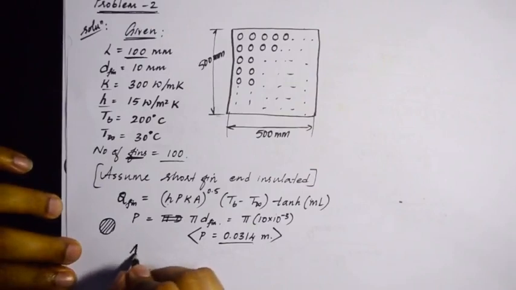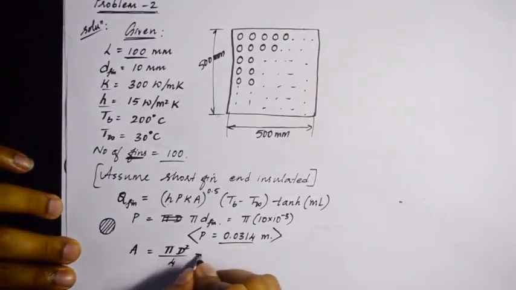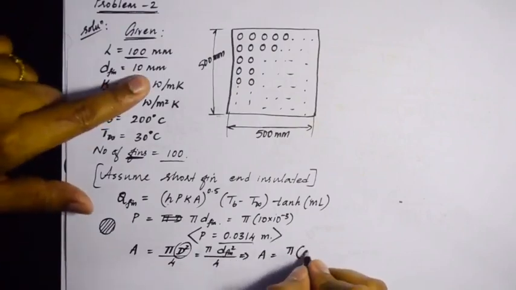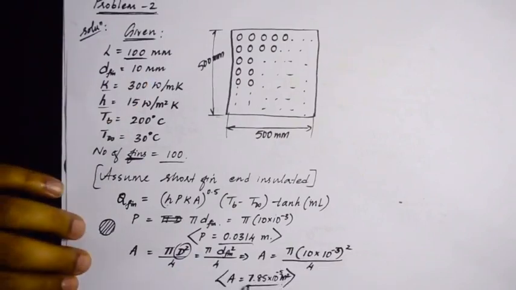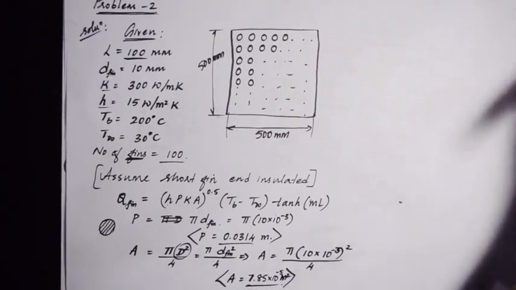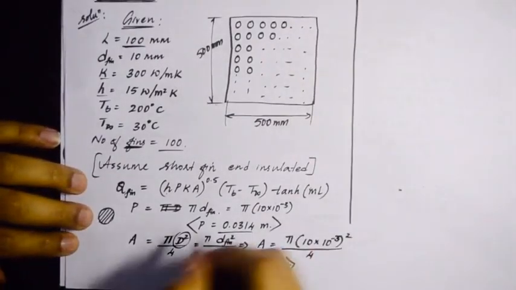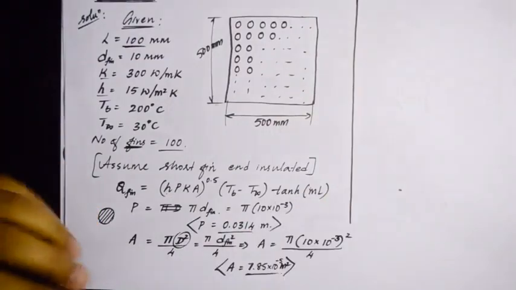We can calculate the cross sectional area as well. Since it is a circular object, the cross sectional area will be given by pi d square divided by 4. Once again, the diameter here is given. Calculate the area, and you are supposed to get 7.85 into 10 power minus 5 meter square. Now h, P, k, all values are known, you can substitute them, and before that we also need the value of m.